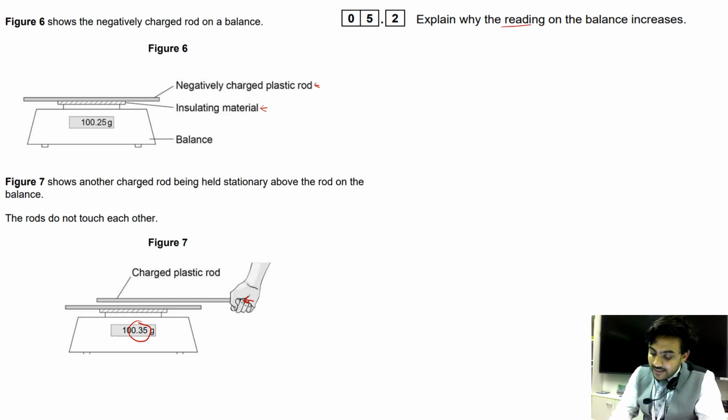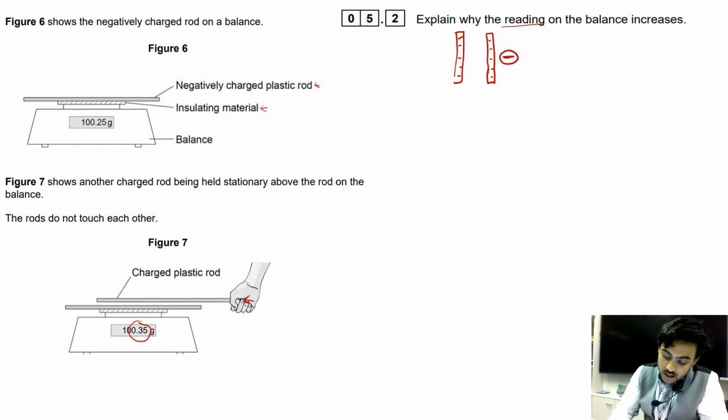So explain why that reading on the mass balance increases. It's not like there isn't any explanation for it. The explanation comes from the fact that both rods are negatively charged. So here's both rods, and I'm just going to draw loads of negative charges on it. Negative, negative, negative, negative, negative. And if two negatively charged rods come close to each other, then there is an electrostatic repulsion that happens.